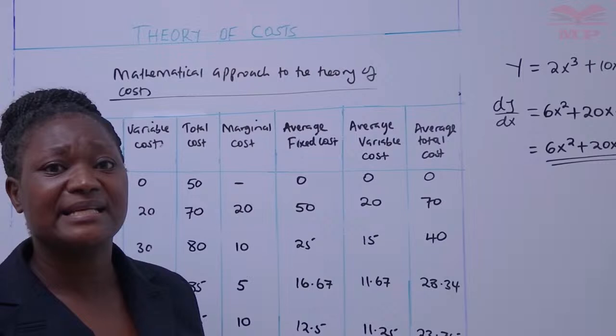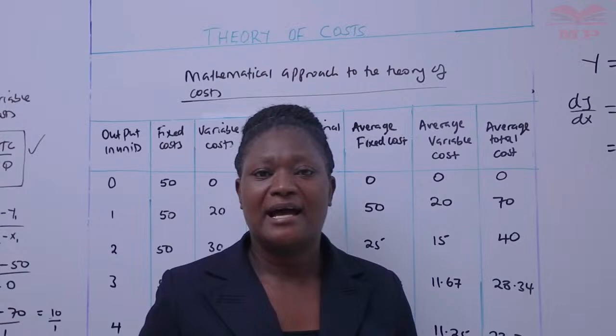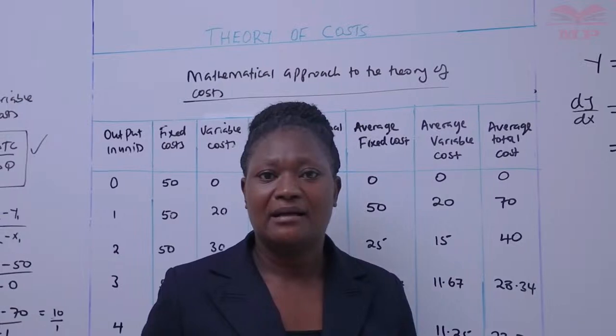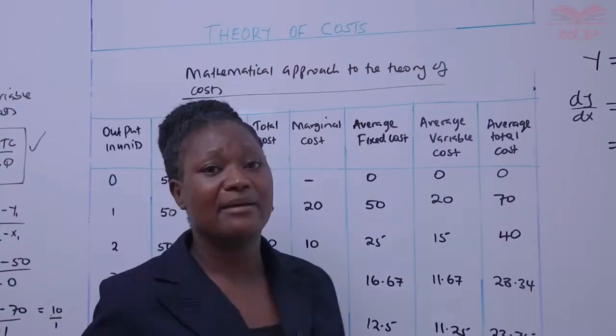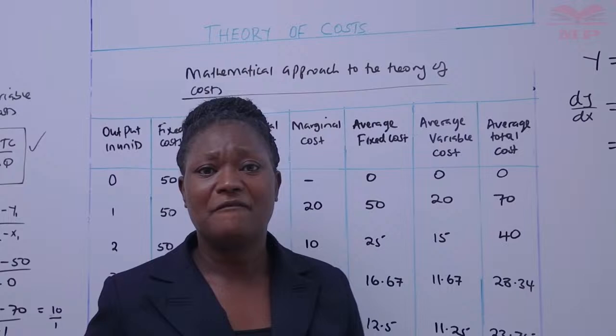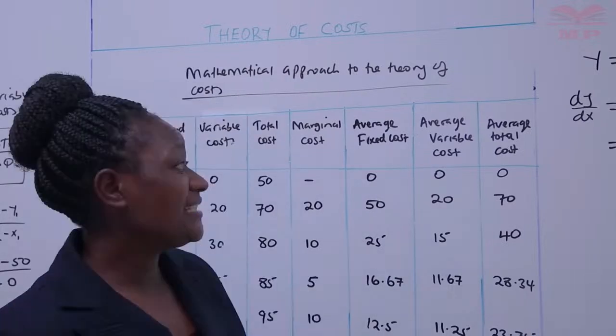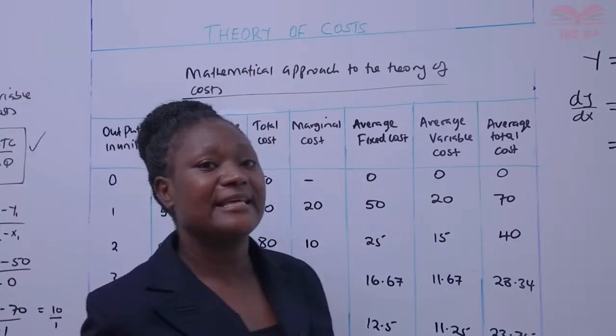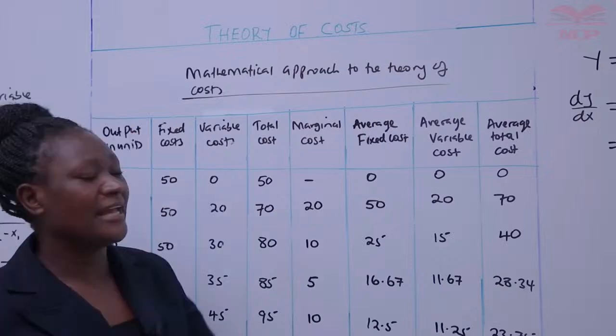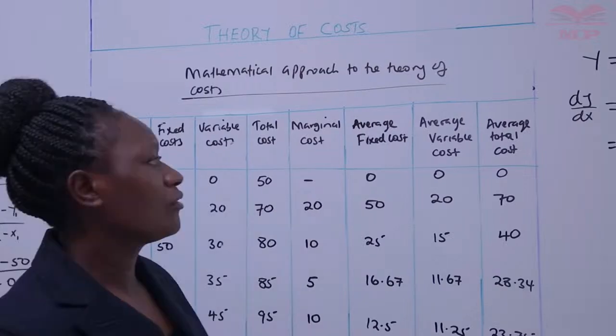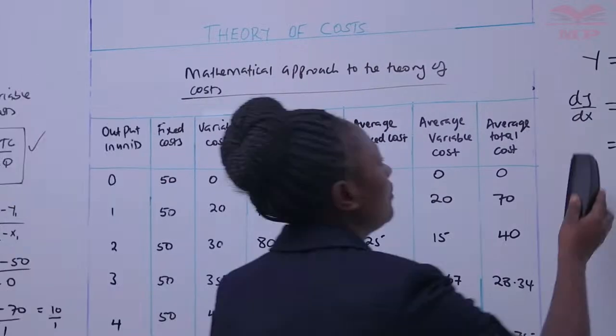In such a case, you may be asked to determine the fixed cost function, determine the variable cost function, and use that again to calculate the average fixed cost as well as average variable cost. So how do we go about that?